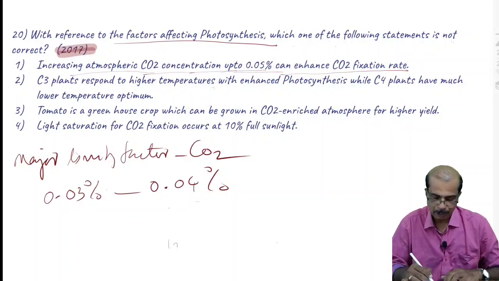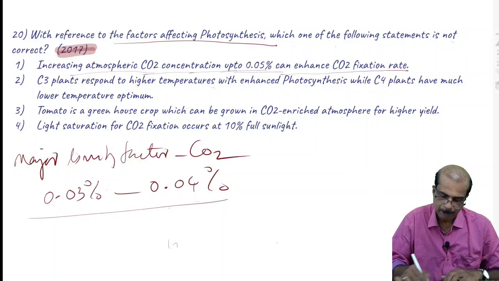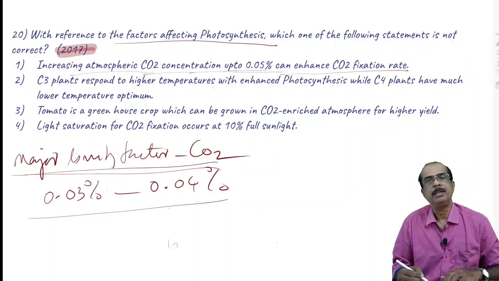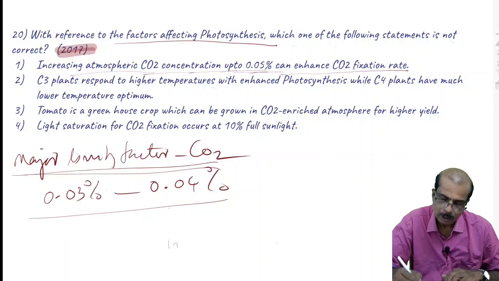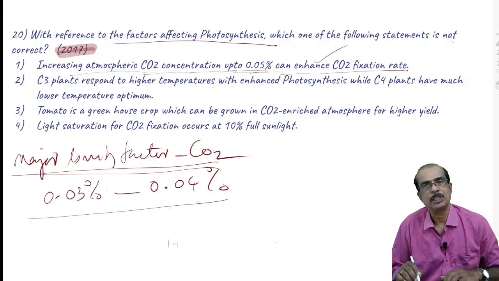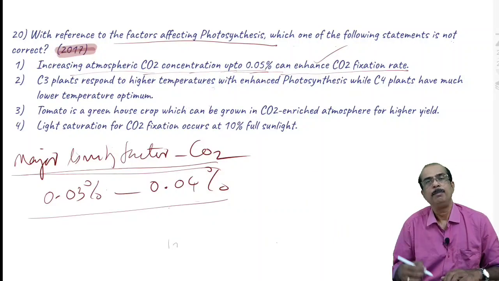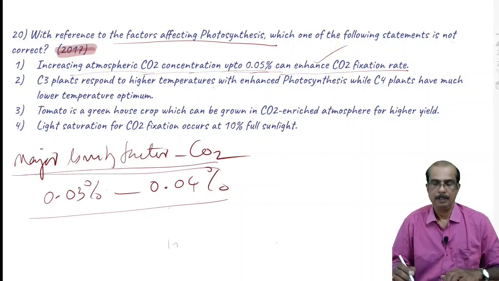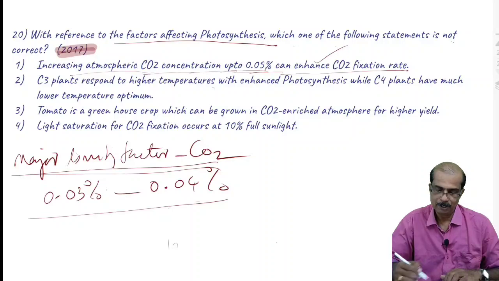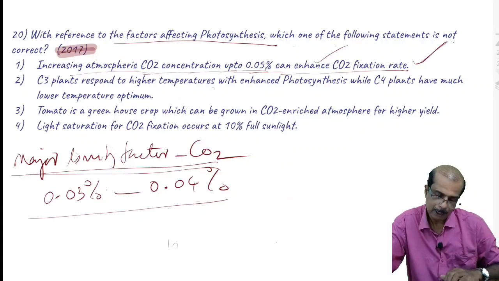Very little carbon dioxide is present in the atmosphere, so it is always a limiting factor for photosynthesis. But if the carbon dioxide concentration is increased up to 0.05%, there is enhancement of carbon dioxide fixation or photosynthetic rate. But beyond this limit, if we give more carbon dioxide for a long period, the photosynthetic rate will decrease. This statement is a correct one, as in the textbook.